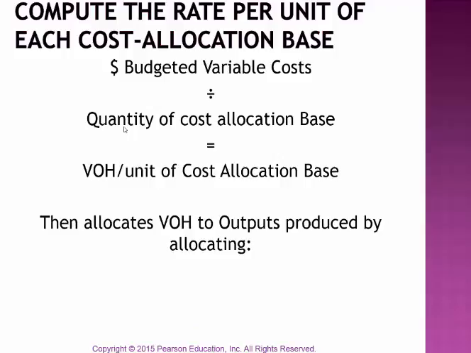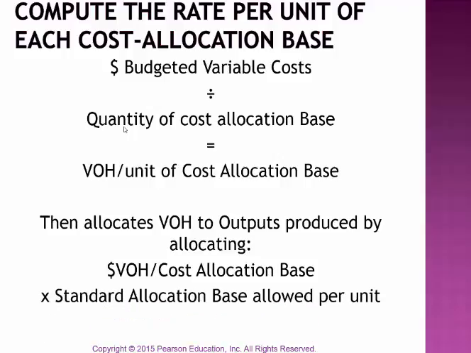All right, and then once we've got that number, that is the number that we're going to use for our allocation process. Okay, so we're going to allocate the variable overhead to our units that we are actually producing by taking that variable overhead per cost allocation base and multiplying it times the standard allocation base allowed per unit.